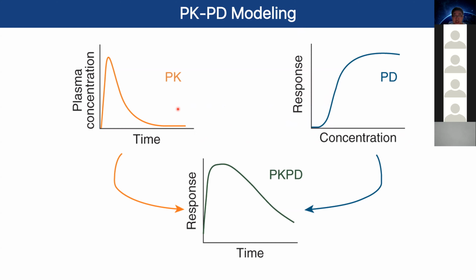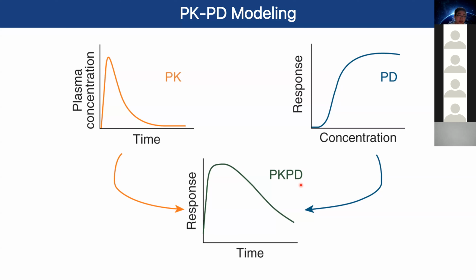If you basically combine these two together, you get this so-called PKPD modeling. So essentially, you know the time, and then you know the response, right? Eventually, at longer time points, your drug concentration is lower, so your drug effect, based on this PD curve, will be lower. That's the so-called PKPD modeling or PKPD relationship.